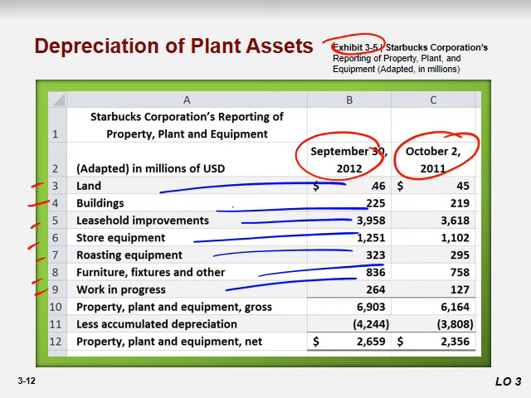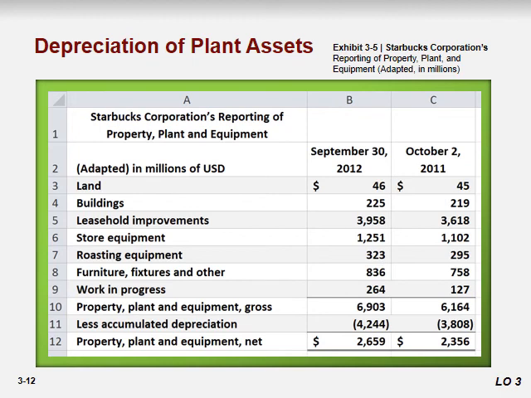Line 10 shows the addition when you add all those assets, so your total is 6903, your property, plant and equipment gross.